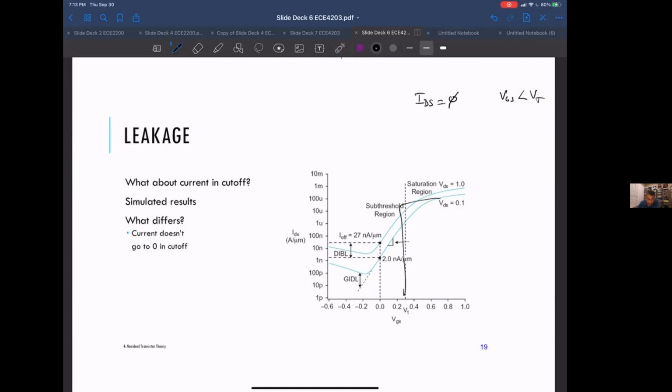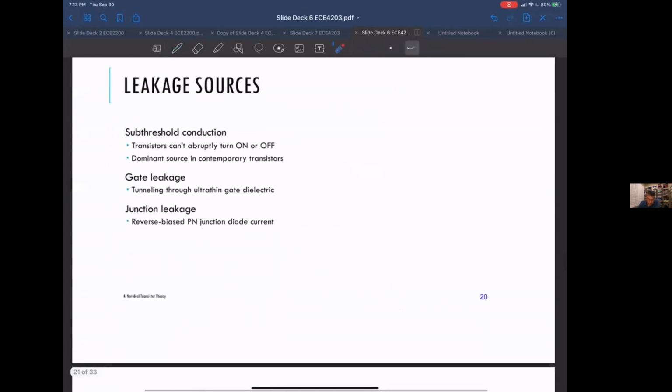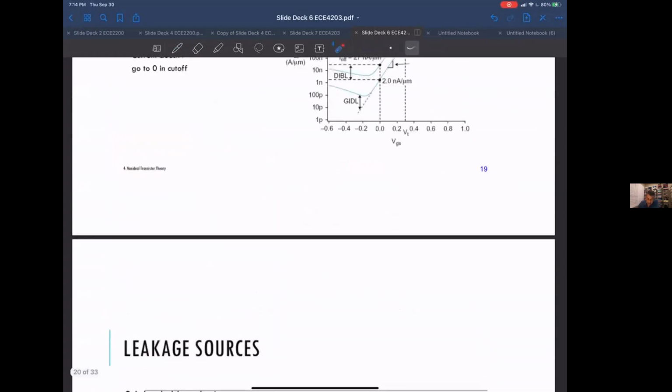That does not happen. You basically end up with some amount of leakage through your transistor when it's off. And there are a few different leakage sources. Let me say this one more time.